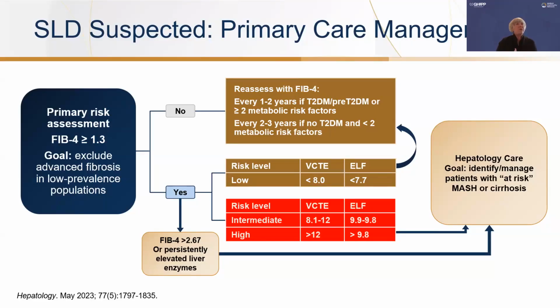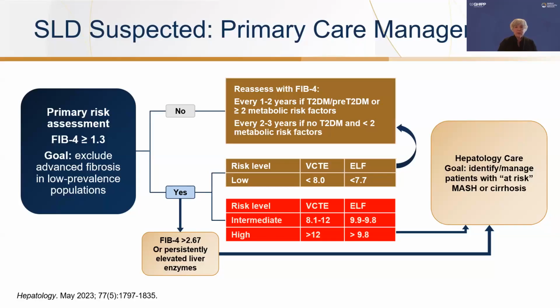Really easy. Typically with most labs, you can find that FIB-4, and you can take that and you can go forth with that as primary care. So when we look at that FIB-4 score and we see, is it greater than 1.3? That's sort of our baseline where we're looking to either go upwards or downwards.